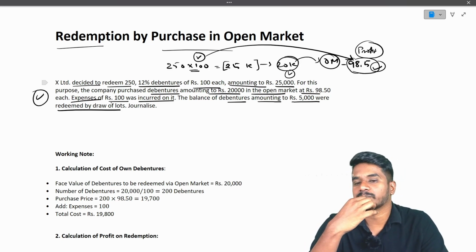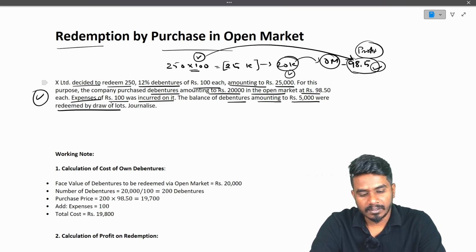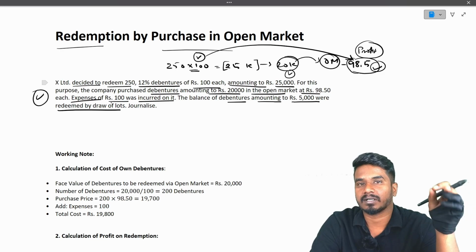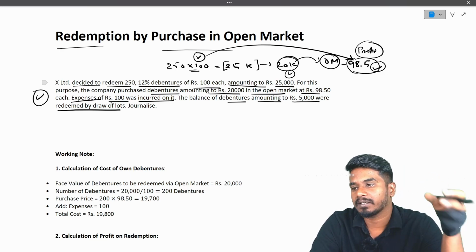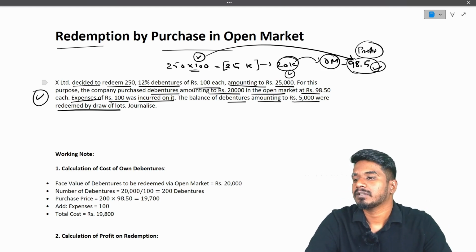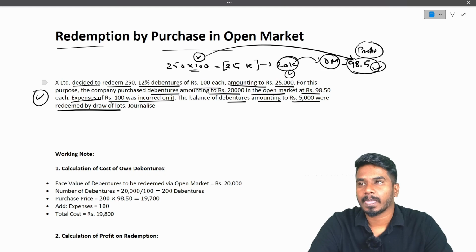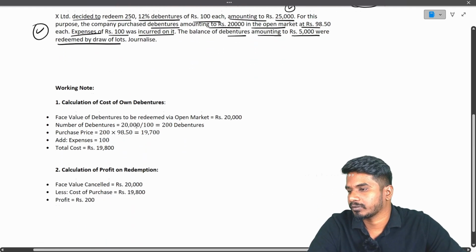Draw of lots means the company will keep a box and put all the debenture holders' names, pick one name from the box, and redeem their debentures. Like a lucky draw, remaining debentures will be continued. There is no more logic on it.